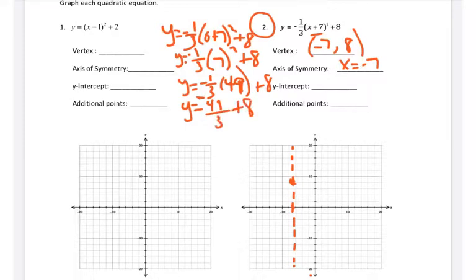Oh, 8 would be 24 over 3. Let's do 24 over 3. Okay, so then 49, thinking about adding and subtracting integers. Let's fix that. 49 minus 24.